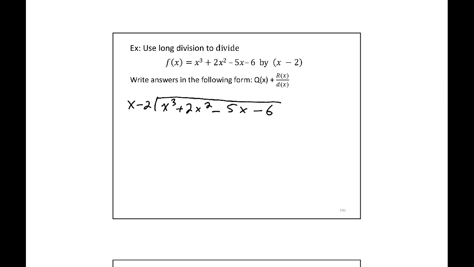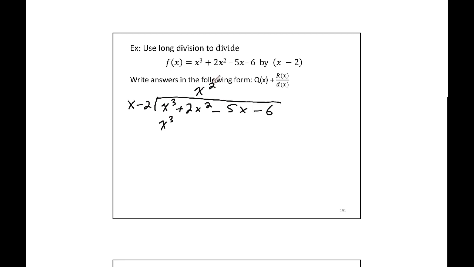Now we want to see what we could multiply x minus 2 by to get x cubed. We're going to start at that furthest to the left term. Well, I could multiply this by x squared. I'm going to write it above the x squared term. I'll take x squared times x minus 2, and x squared times x is x cubed.